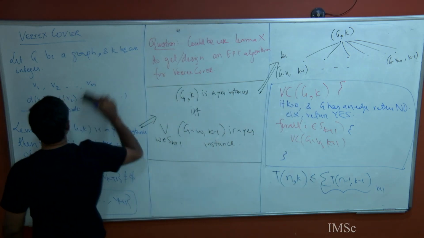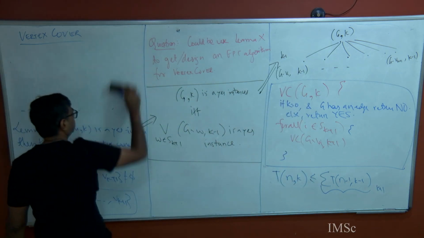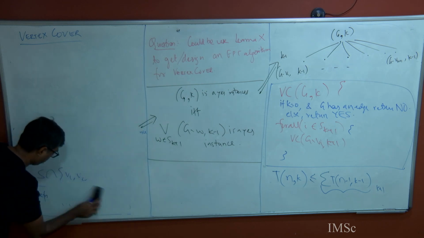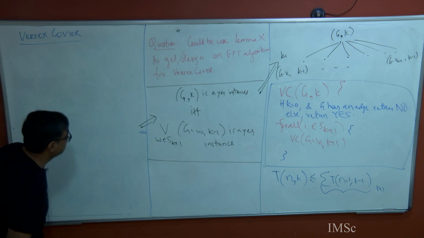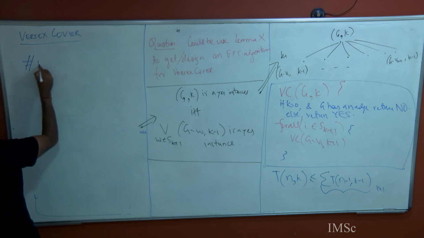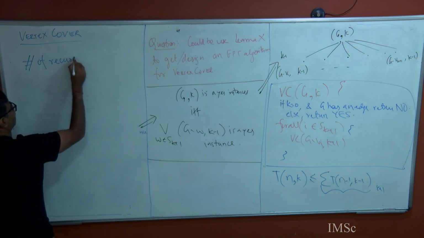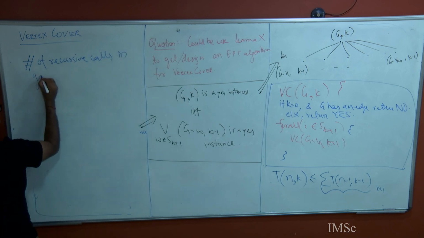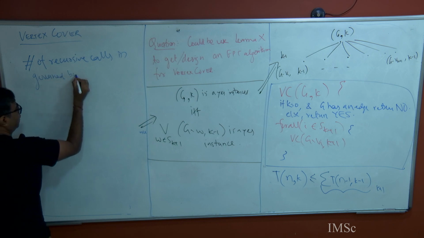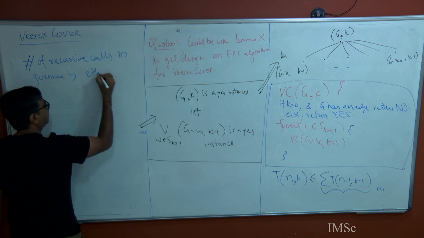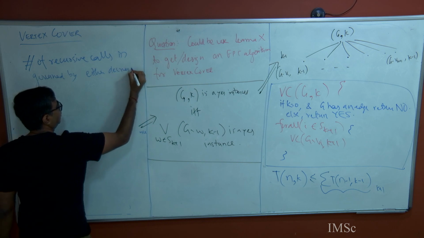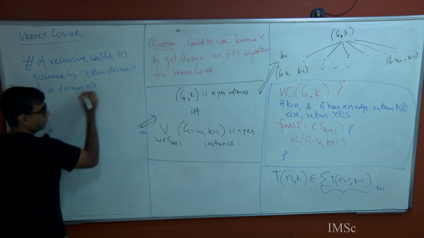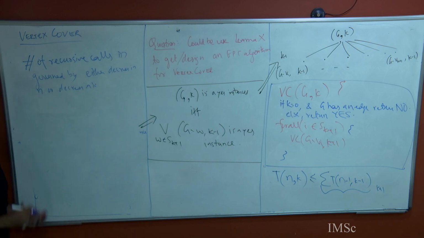So let me focus on that aspect. I ask myself, how many recursive calls? The number of recursive calls is governed by either a decrease in n or a decrease in k, right. I am going to focus on just k, okay.